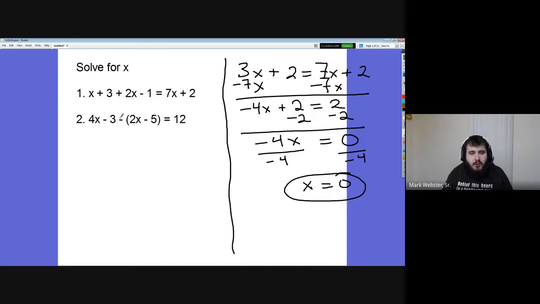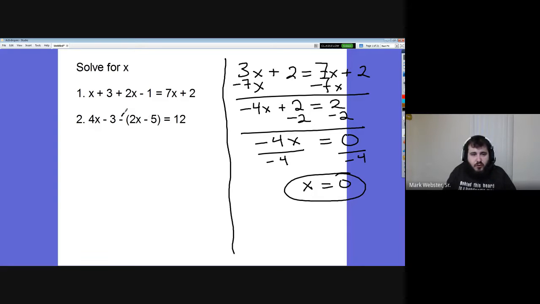Now, with problem number 2, if you look, there's a minus sign in front of these parentheses. Remember we said if there's a plus sign in front of the parentheses, it doesn't mean anything. Here, though, this is like saying 4x minus 3 plus negative 1 times this thing.